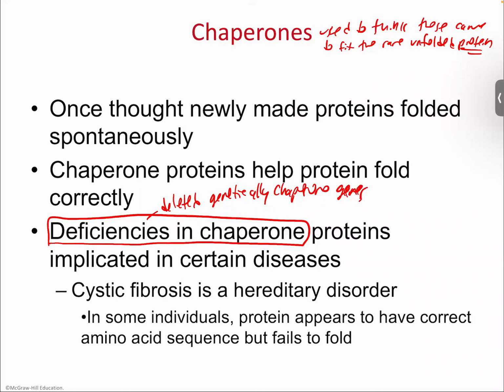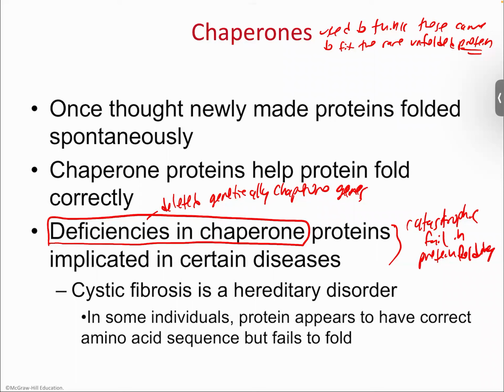And we asked ourselves, what happens? Well, what we found out was that instead of just seeing maybe a slight increase in the number of unfolded proteins because nobody was fixing them, like maybe a 10% or a 20% increase, what we saw was a catastrophic fail in protein folding.